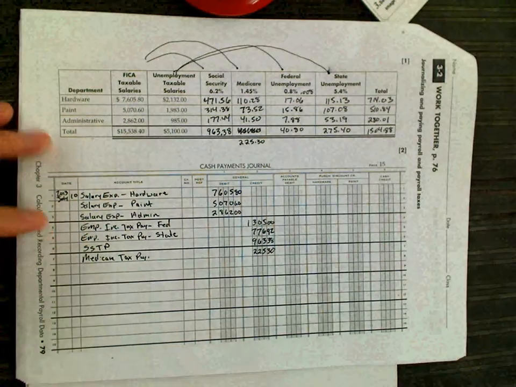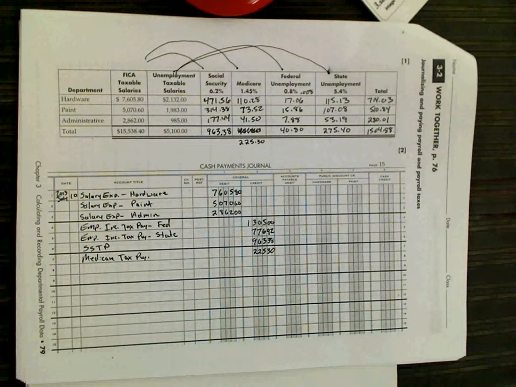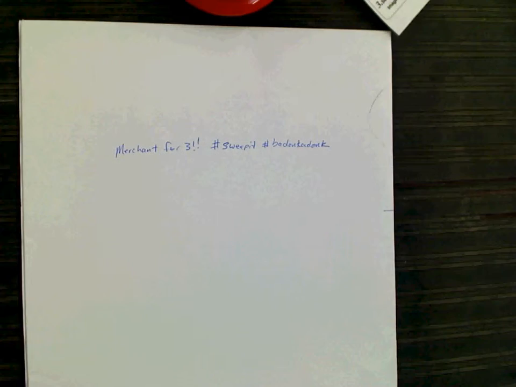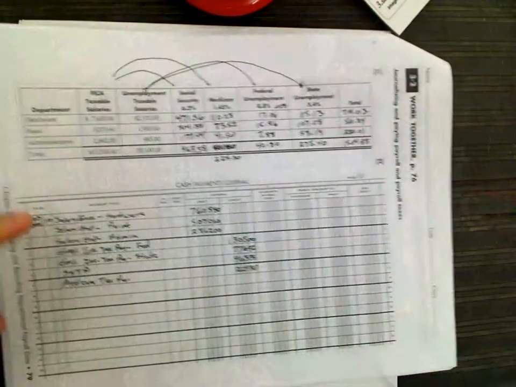And then I'm not going to include my unemployment tax because that is paid separately. So the only other things I have to put in there are my health insurance and my life insurance that I would get from that same page. There's the two different things. Health insurance payable, and that is $588.